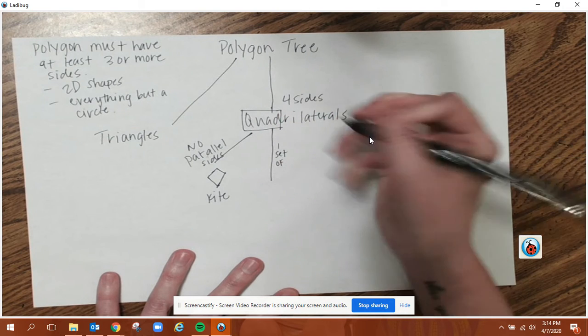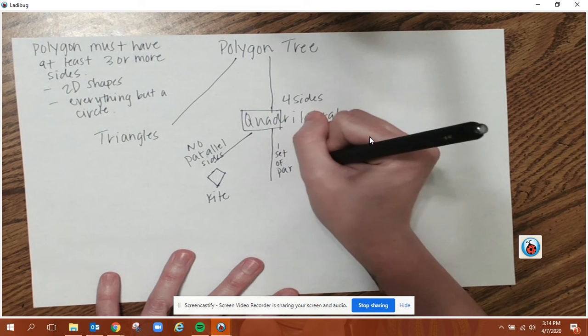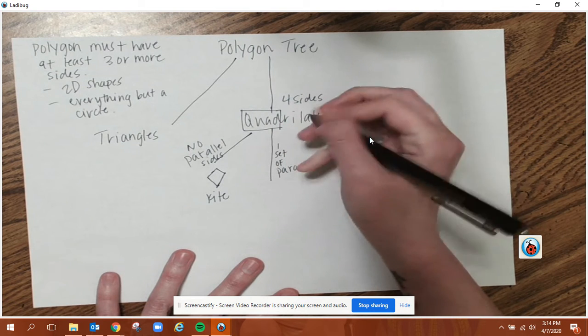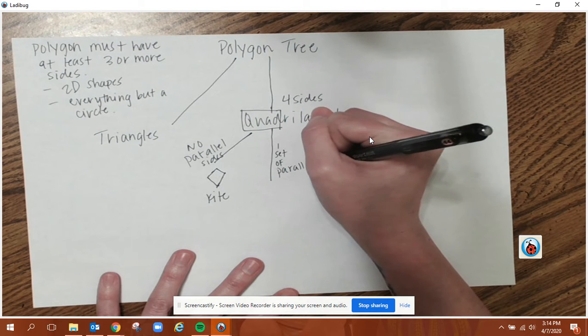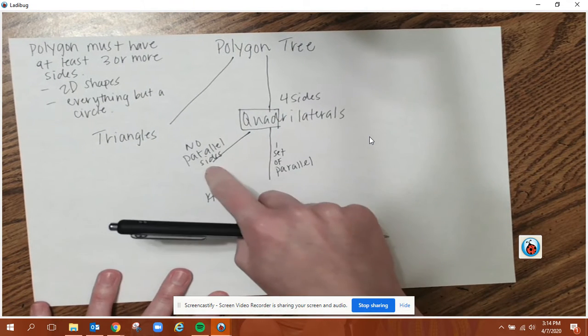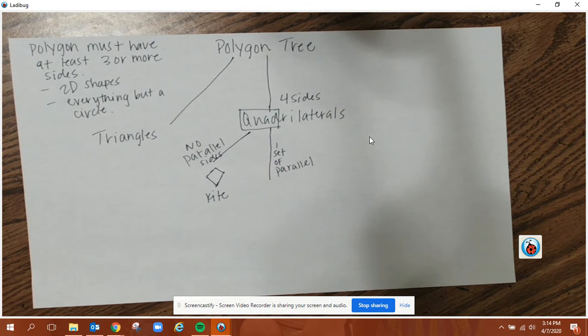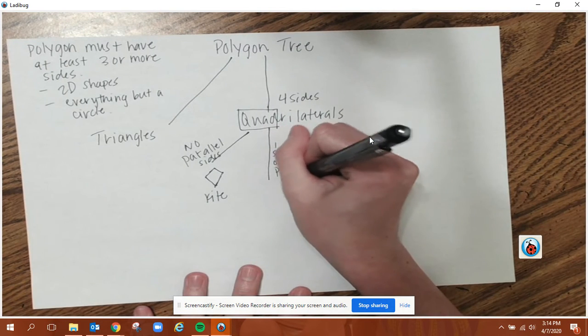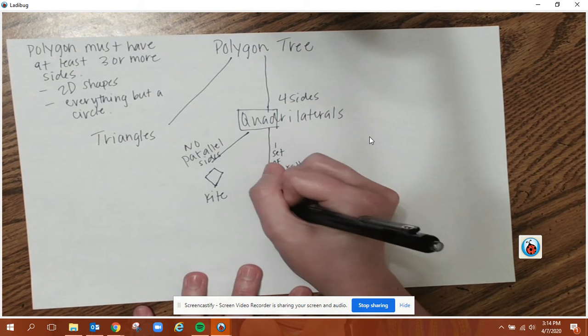So basically, if you think about these as cousins, you will probably be able to tell the difference. So this is one set of cousins, this is another, okay? You just need to think about this polygon tree as like a family tree. So under the one set of parallel sides, okay, the only shape that we have there is a trapezoid.